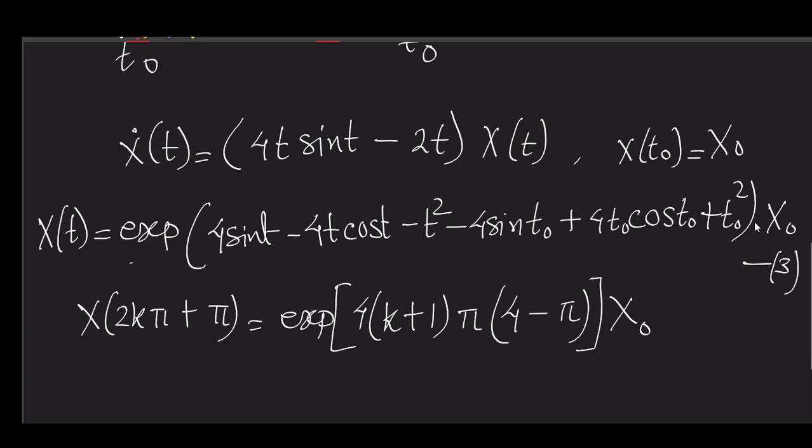Clear? Now you can see that for a fixed t naught, it is easy for you to find out gamma. Means for one particular t naught you can find gamma.